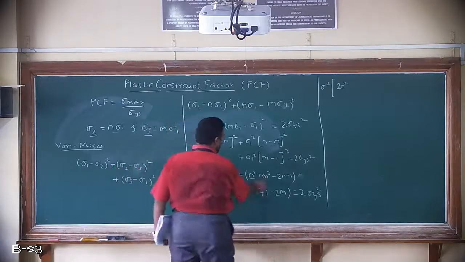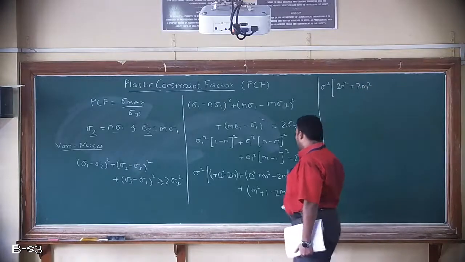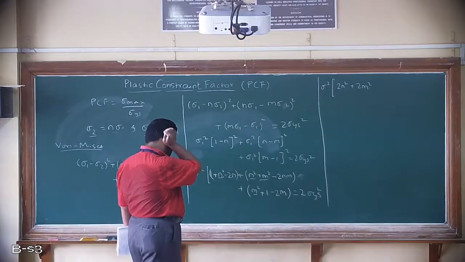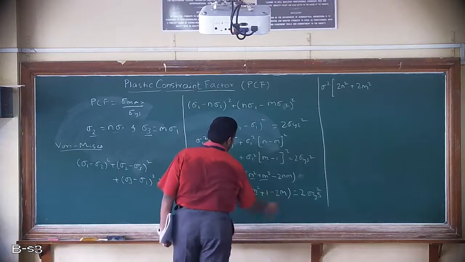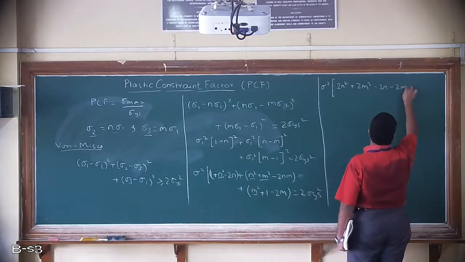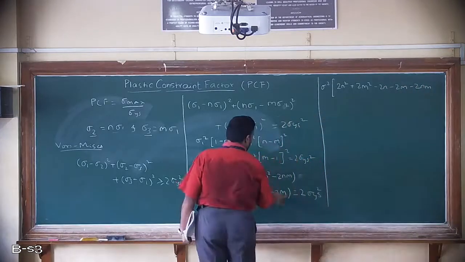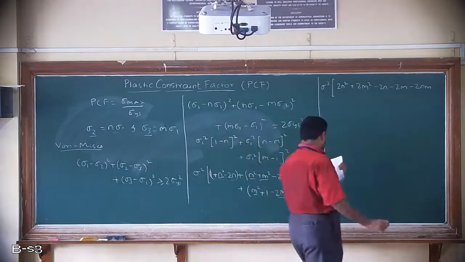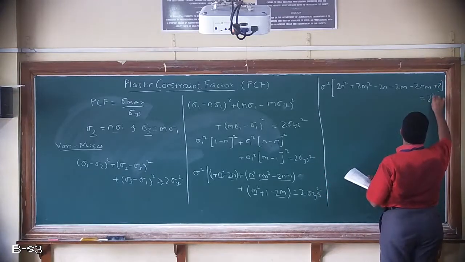Then we have m square plus m square, so 2m square, which I have clubbed. Then minus 2n minus 2m minus 2nm, which I have taken, and 1 plus 1 is 2. So that is plus 2, equal to 2 sigma ys square.